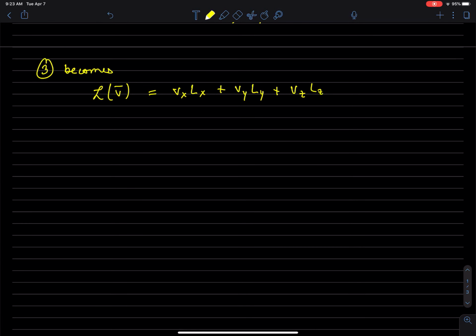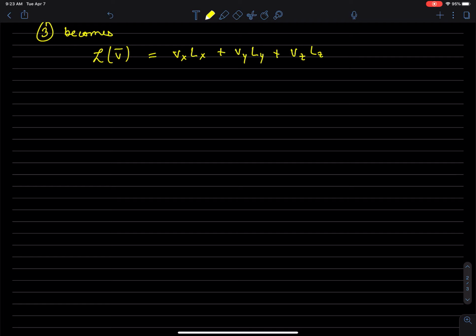Now, of course, what does this quantity look like? Think about it for a second. This quantity looks like the dot product of a vector v and a vector L. And this expression would be the expression that you get if both v and L were represented in the same frame, right? Let me rearrange it.